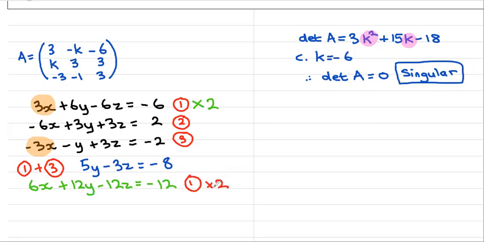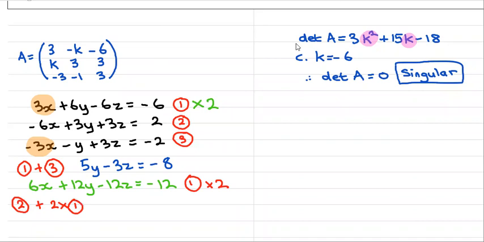Nothing wrong with that because we're not changing the nature of the equation whatsoever. We're just scaling the coefficients up, which is absolutely fine. Right, now let's have a look what we've got in this situation. If I take equation 2 this time, so equation 2, and I'm going to add 2 lots of equation 1.